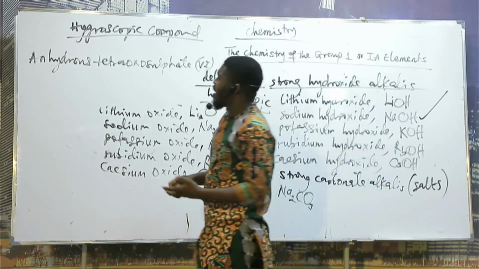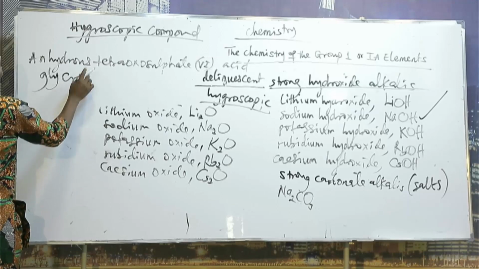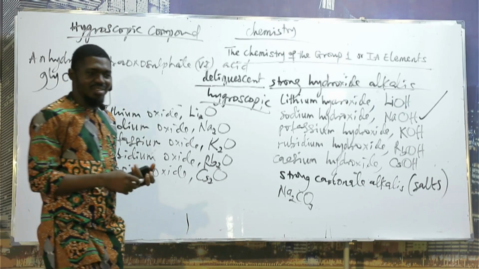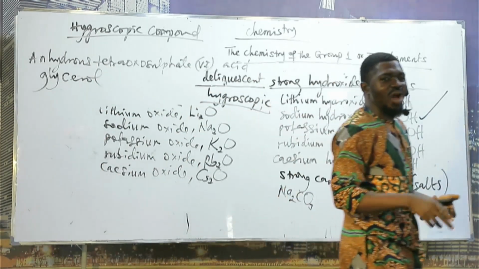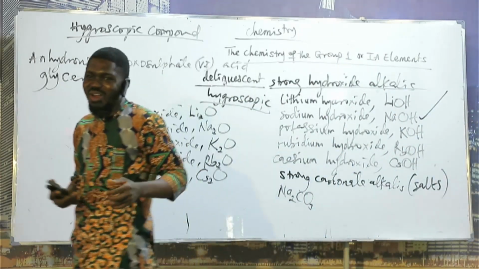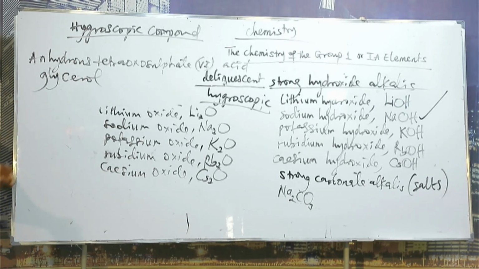Now, what about glycerol? Do you know what glycerol is? Is glycerol hygroscopic? Right now that you have Harmattan, if you want to buy cream, what kind of cream do you buy? Vaseline, right? Why do you go for Vaseline? You need something that will make your skin moist, something that can attract moisture from the environment.